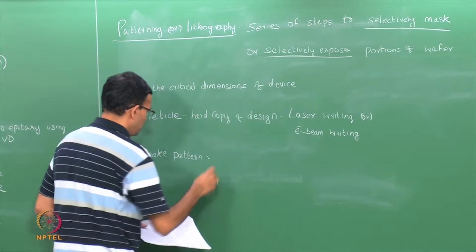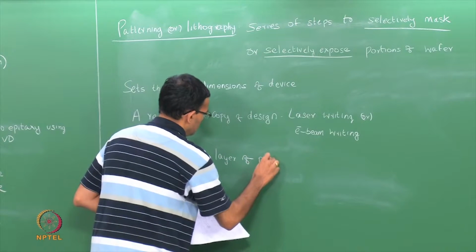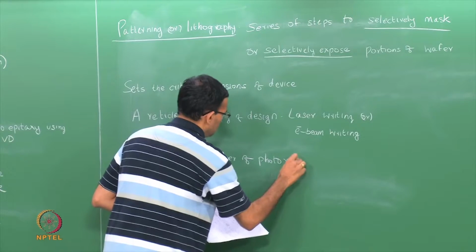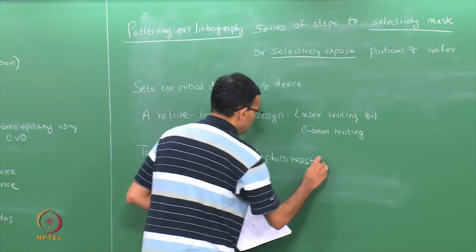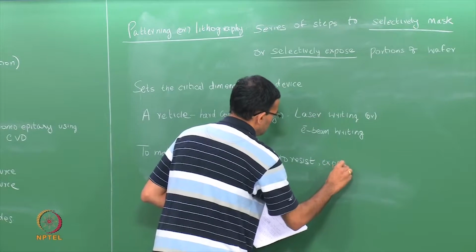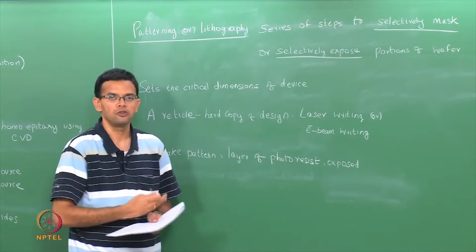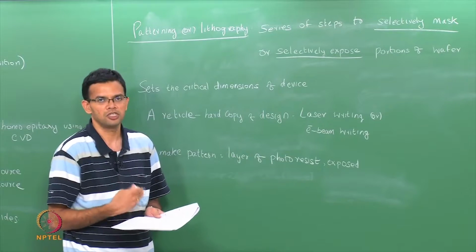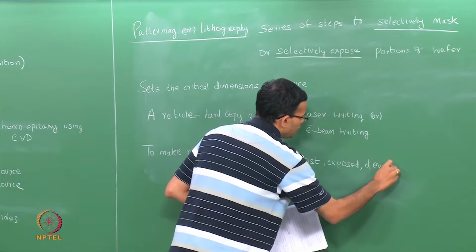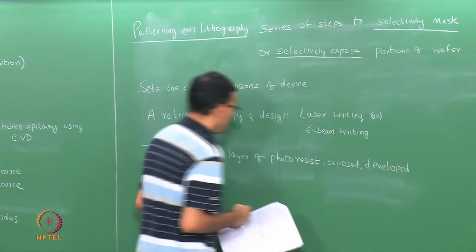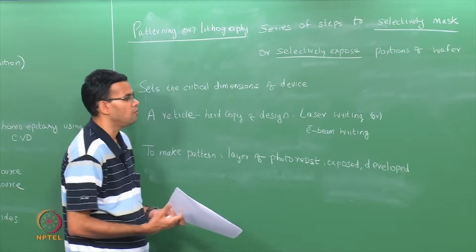A layer of photoresist is added to the substrate or to the wafer, which is then exposed to UV light through the pattern, so that some portions of the photoresist are exposed while other portions are blocked. This is then developed. So, this is a language very similar to a film camera, and after developing and removing the photoresist, the pattern is formed onto the wafer.